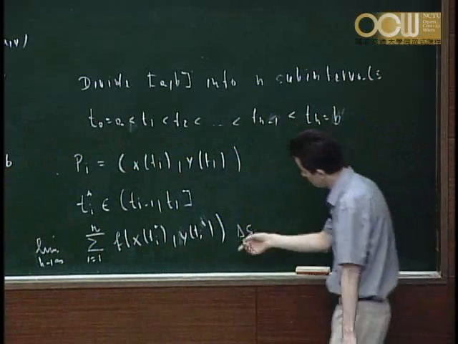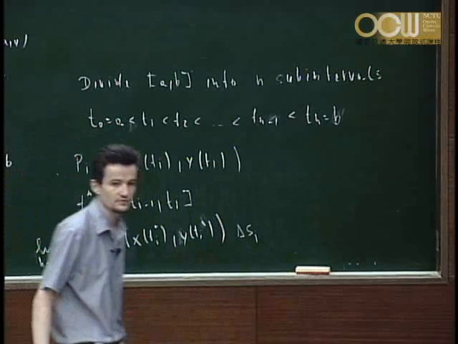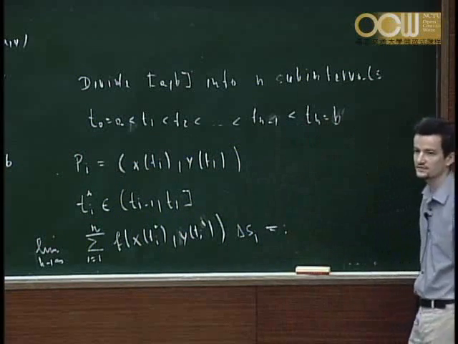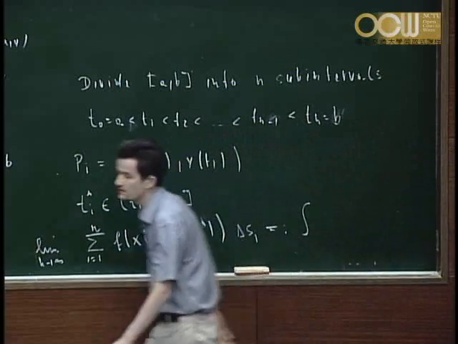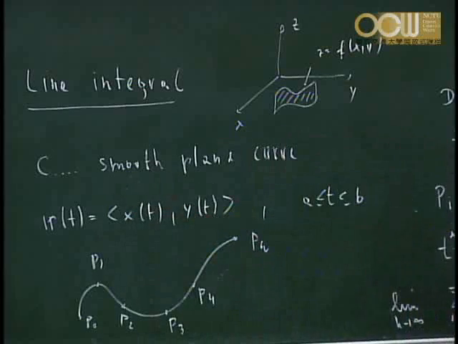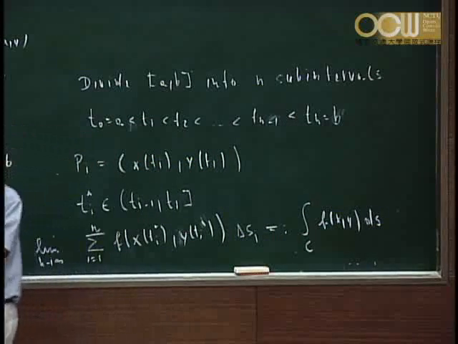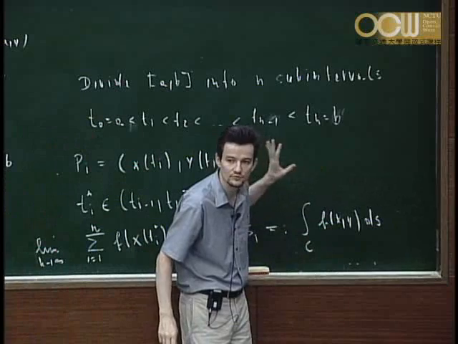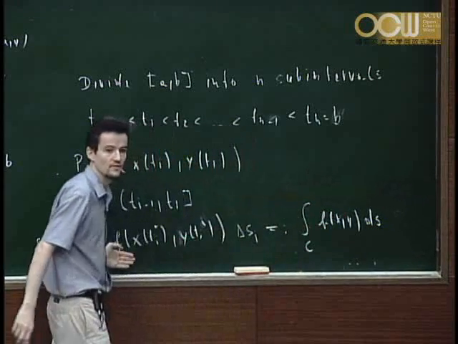And because this object which you see here doesn't fit in our previous context of the integral, we will give it a new name. This is a new thing for us, a new object, and we will write the integral over the curve C, along the curve C, of f of x, y ds. We have seen this symbol already many times, but it's not related to the previous definition of this symbol. This is a new definition, namely this one.